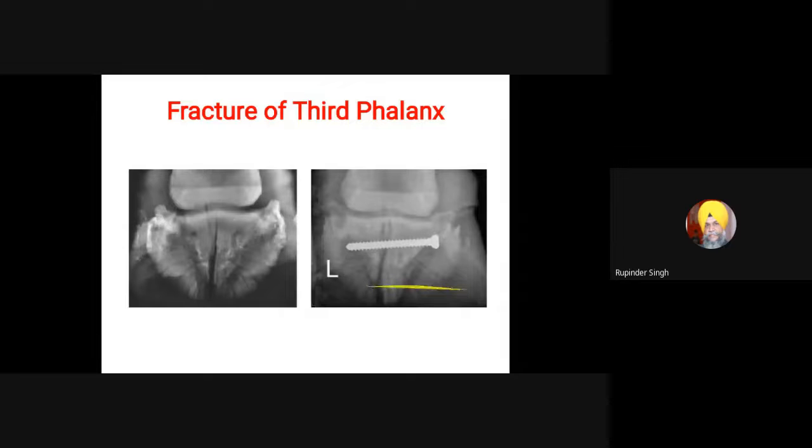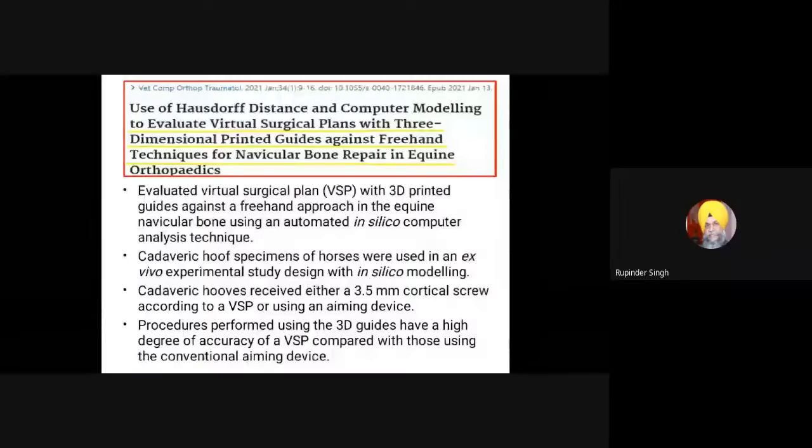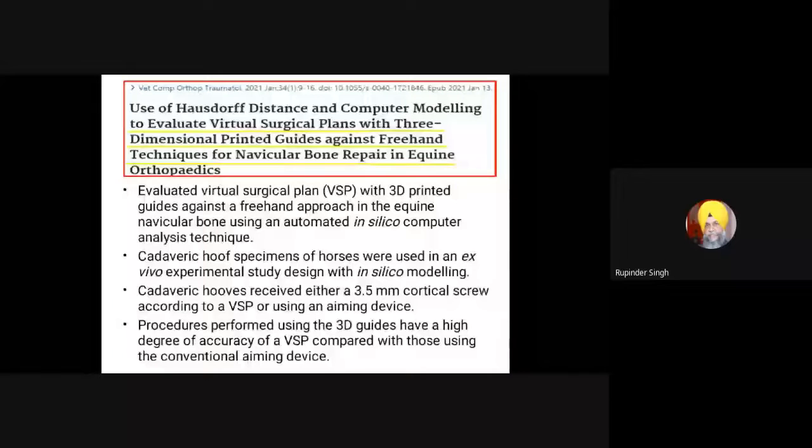Then there are a couple of studies. This is a very recent paper published in veterinary animals. Nowadays 3D technologies are very highlighted, particularly in orthopedics.